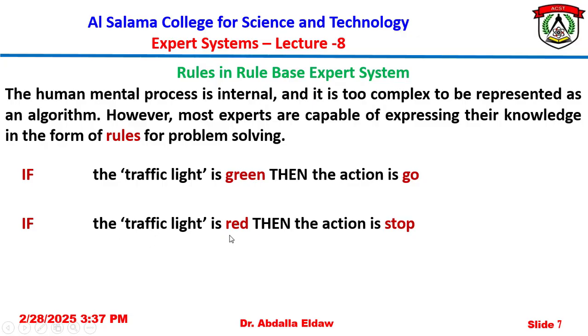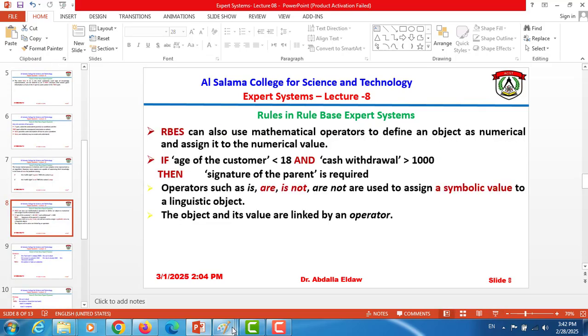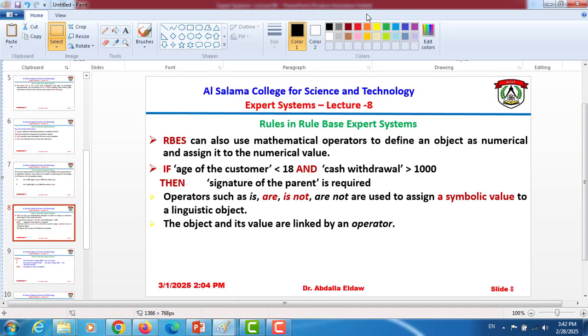If the traffic light is red, surely logically stop, because the red color is for stop and the green color is for go. Here are other examples of if-then, and we can explain this in more detail. We can go to Paint and then select brushes.